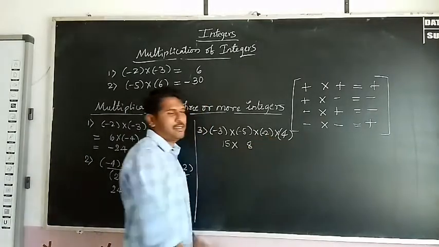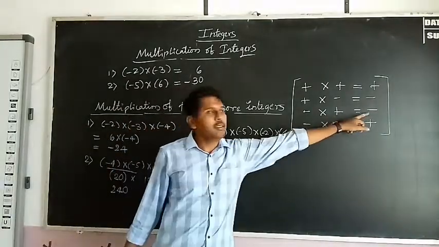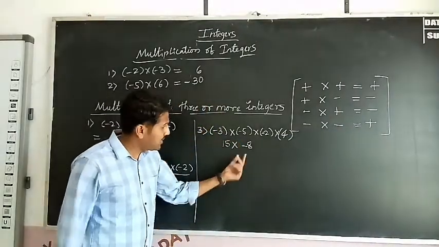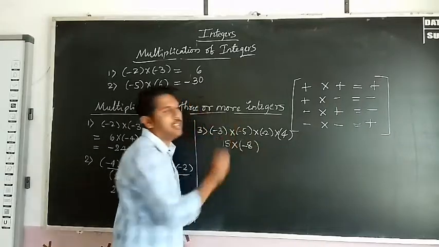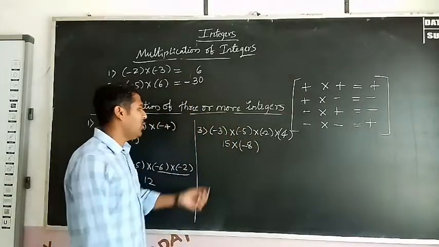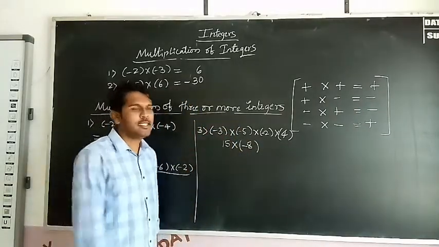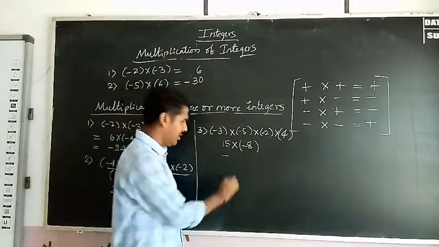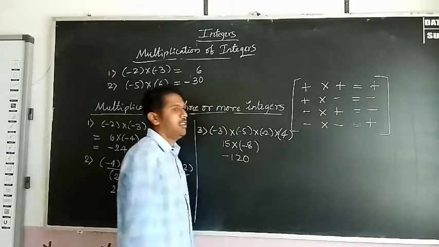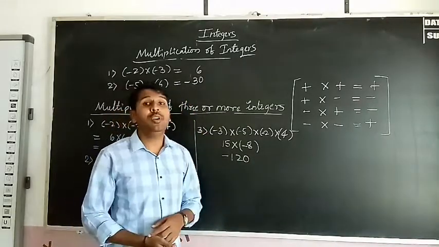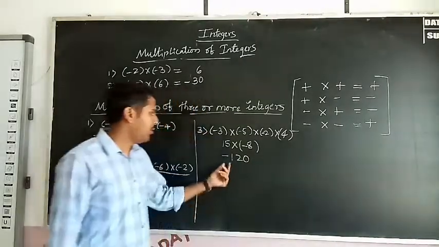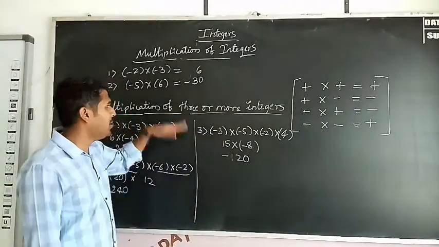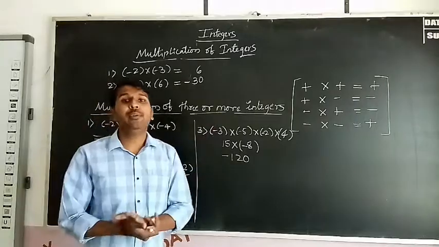Minus into plus is minus, so minus 8. Don't put it like this, just put one bracket. Now multiply plus into minus: 15 eights are how much? 120. You should remember all the tables up to 30. So the final answer is minus 120. This is the way of multiplying 3 or more negative integers.